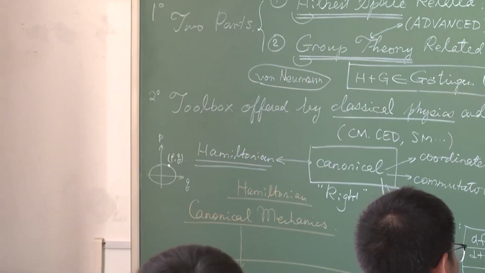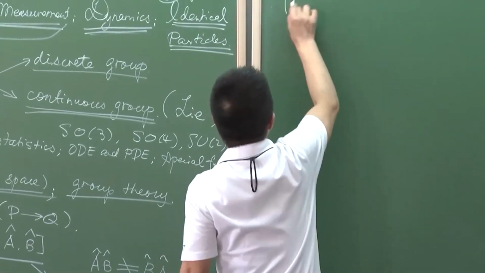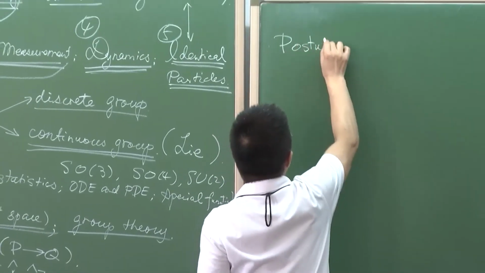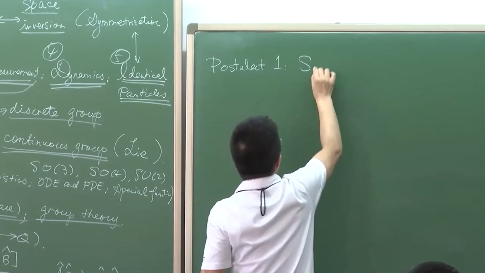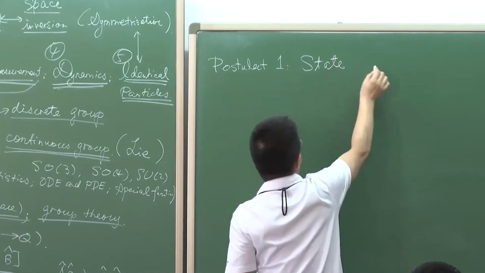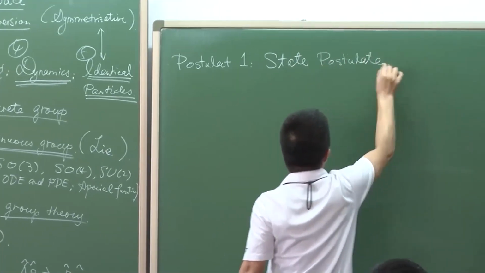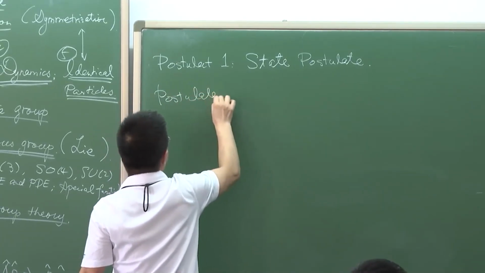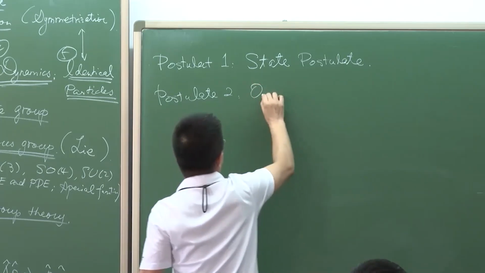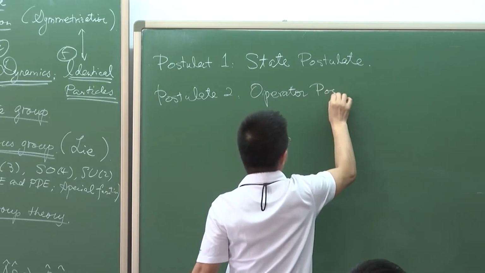So the first postulate, postulate 1, is the state postulate. Postulate 2 is the operator postulate.